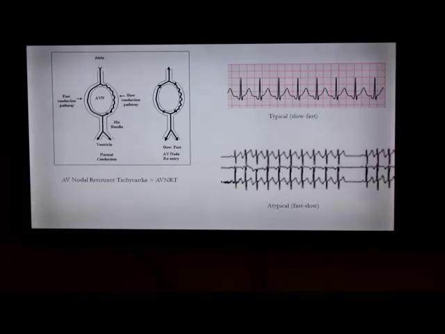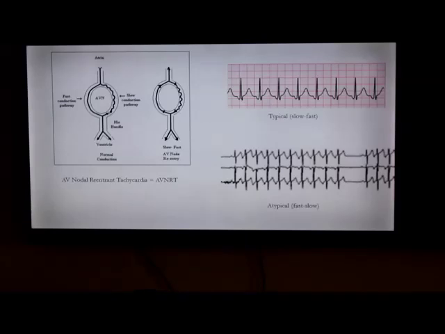Sure. So the duration between the QRS and the P wave is called the RP interval. This depends on which pathway is the retrograde limb. We have two pathways, slow and fast. Classically it's down the slow and up the fast.